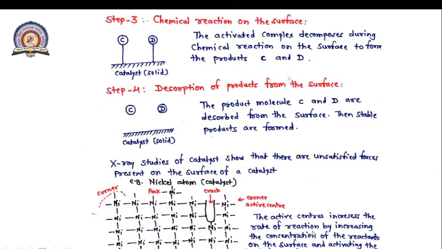The active centers increase the rate of reaction by increasing the concentration of the reactants on the surface and activating the adsorbed molecules. Here also the surface is available for these reactions.